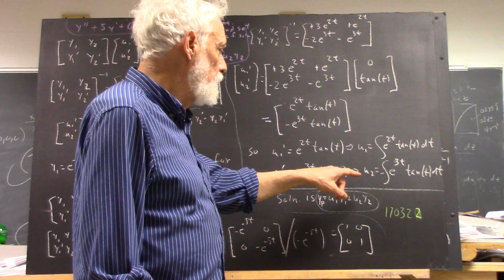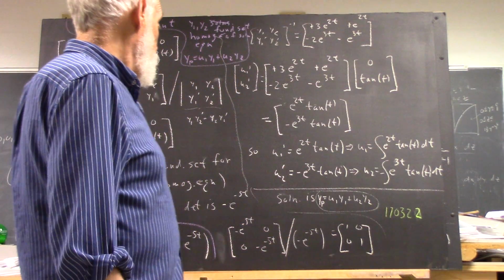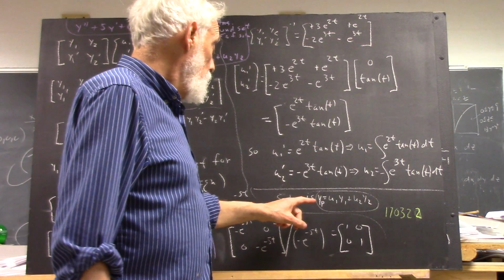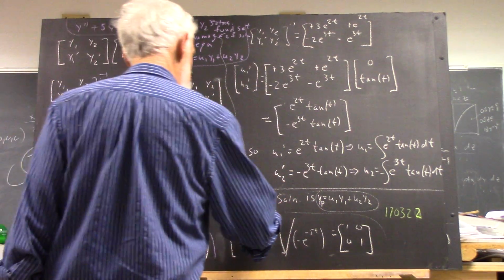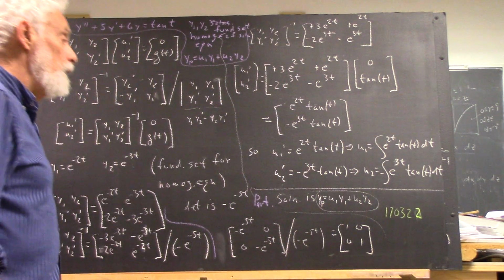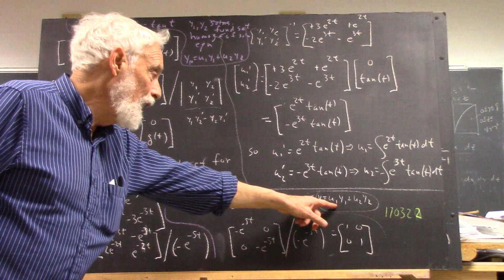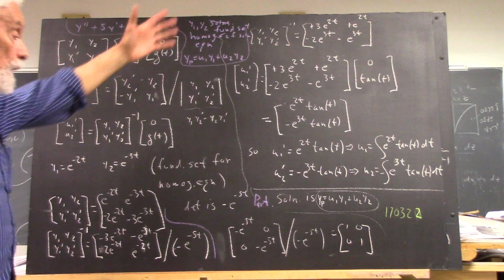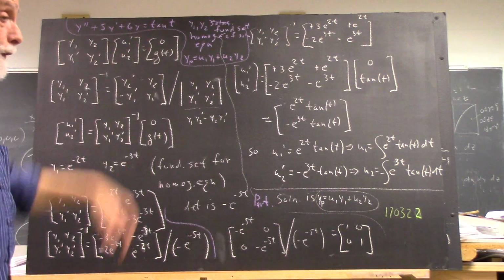And u2 prime, of course, is this, so that u2 is the antiderivative of that. Once you have u1 and u2, your particular solution, let's say your solution to the specific equation, is this, and you would, of course, add that to the general solution of the homogeneous equation to get the general solution of this differential equation.